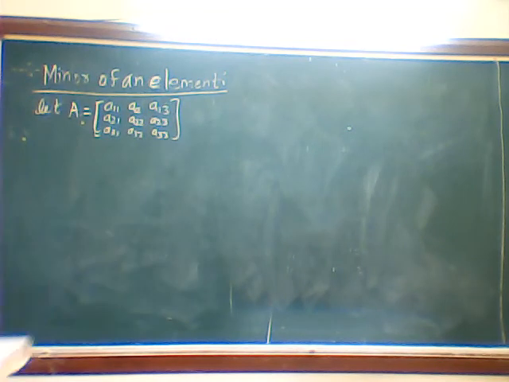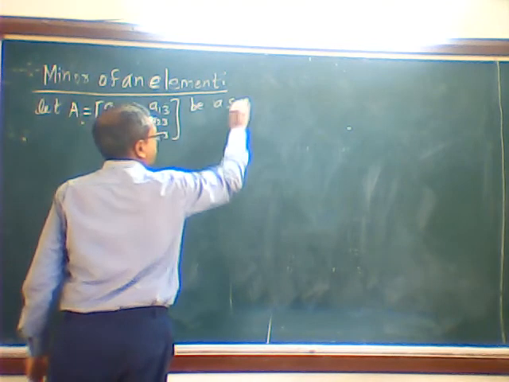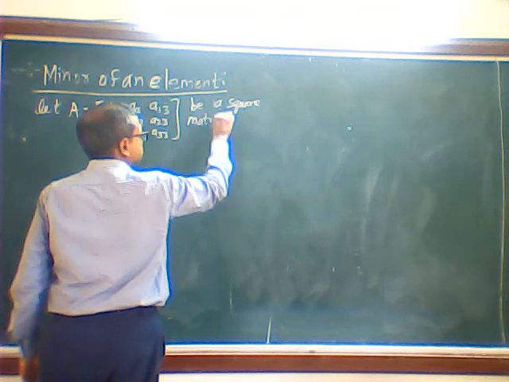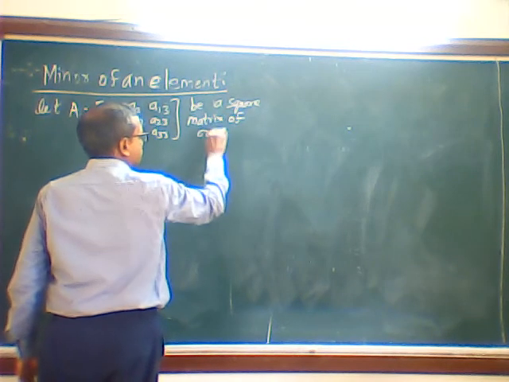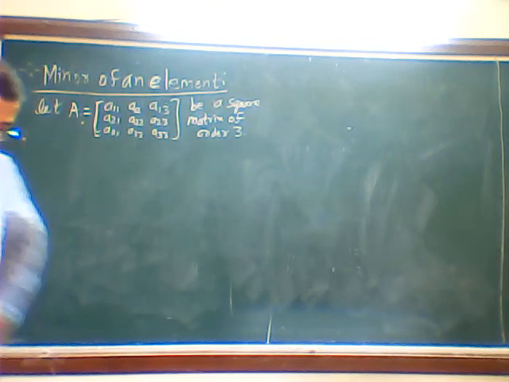Okay, A is a square matrix of order 3. Order 3 means it is 3 by 3.